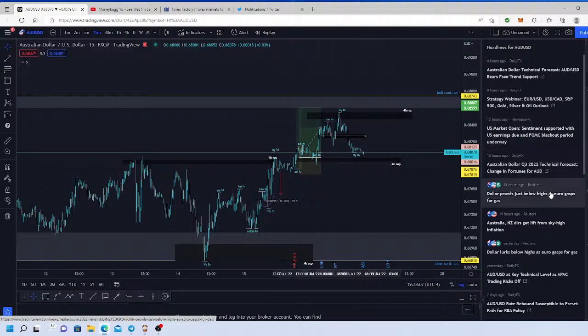Australian dollar Q3 technical forecast. Australian and NZ dollars get lift from sky-high inflation. Dollar lurks below highs as Euro gas fears. What does that mean?